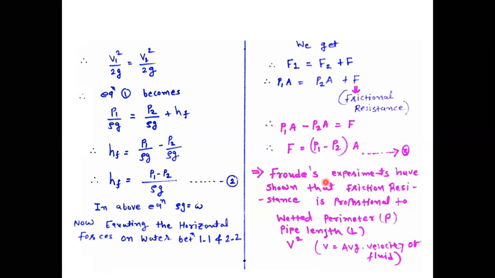Now, Froude's experiment has shown that this frictional resistance is directly proportional to three variables. Which three variables? One is wetted perimeter capital P, another is the length of pipe L, and the square of the average velocity.